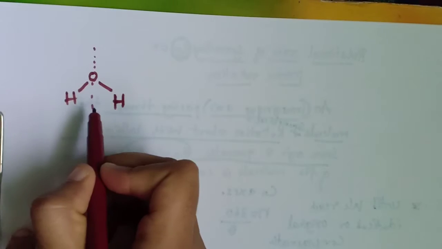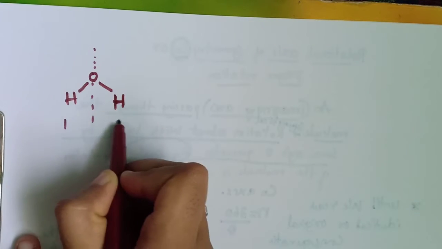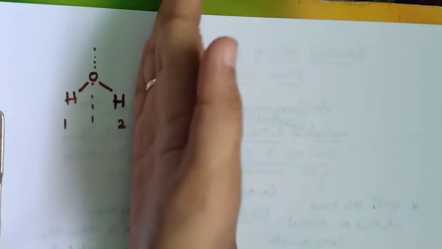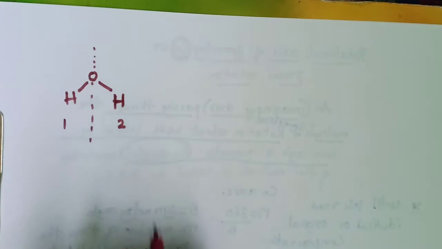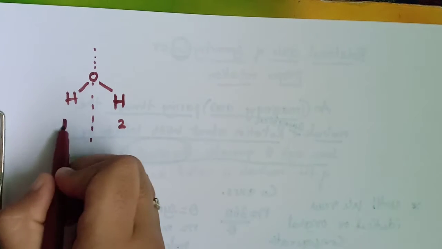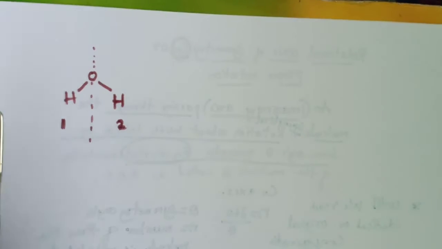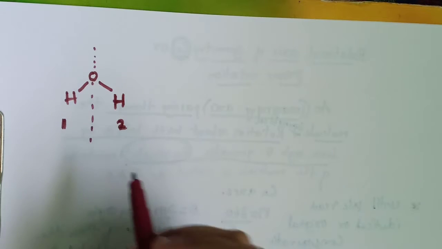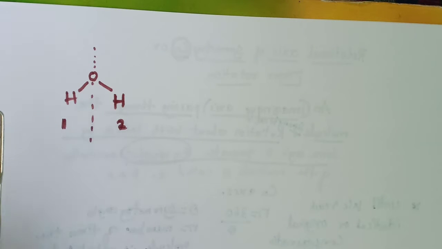That means the first half and the second half should be identical to each other. The imaginary axis must cut the molecule into two equal halves, similar to each other, with no difference between the two structures.